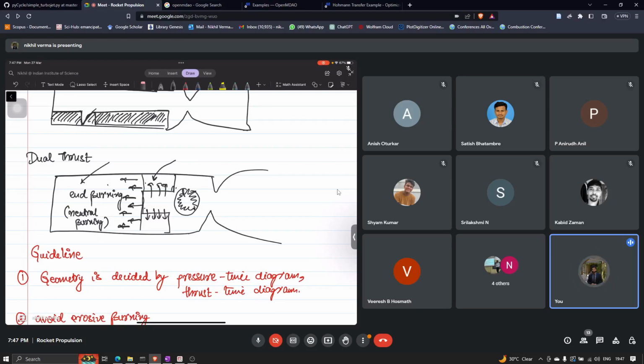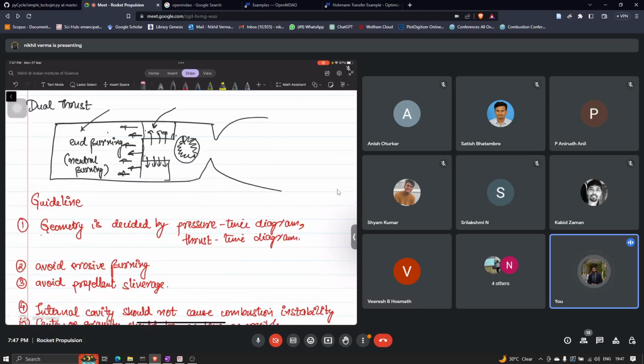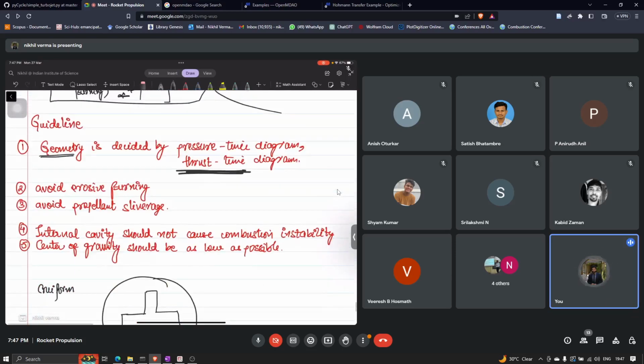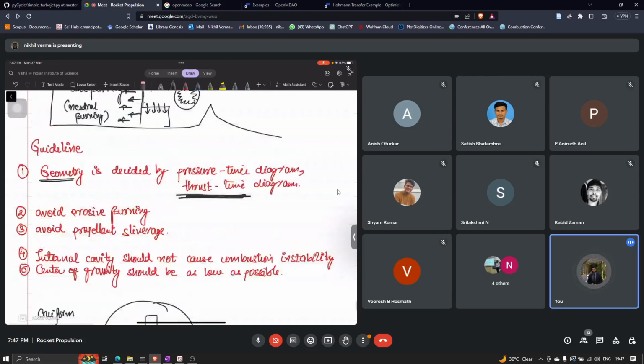So you can have different profiles. My point is you can decide the geometry based on your thrust requirement, and this geometry can be optimized based on your mission requirement.